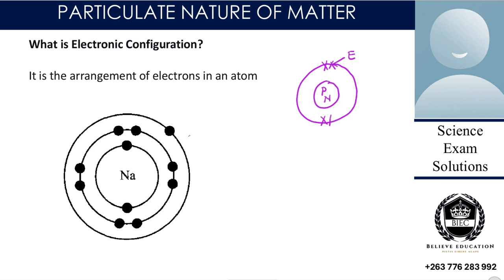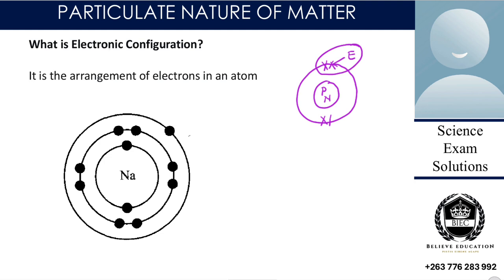So we have the electrons and the protons. Now in this lesson we want to talk about electronic configuration. When we look at electronic configuration, the main part is these electrons.